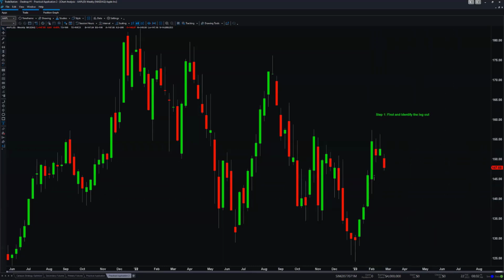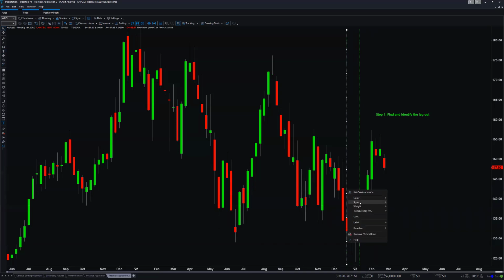Now, as we identified the leg out, it could have been here, it could have been here, here, and we said we ended up here because all of those were explosive candles. And then we could only find a leg in here.